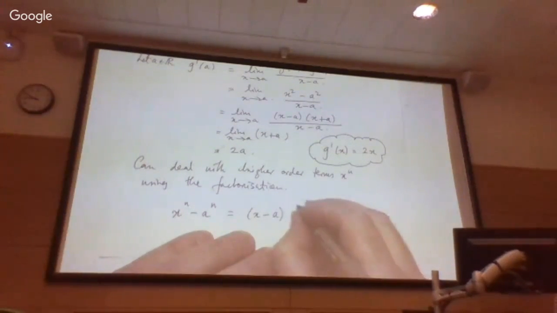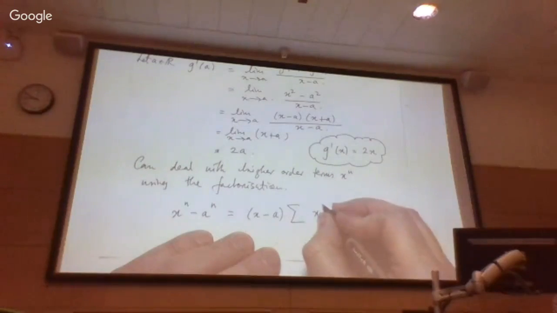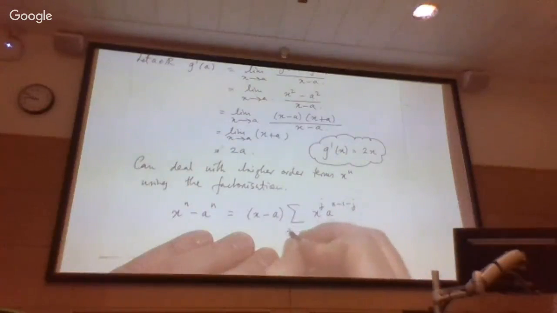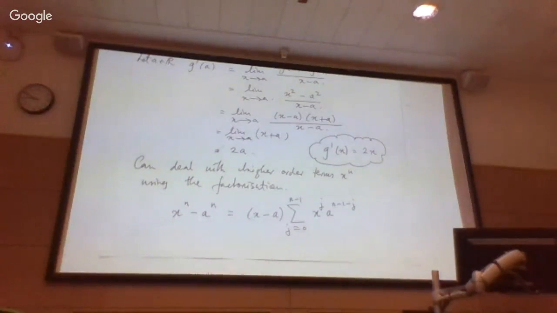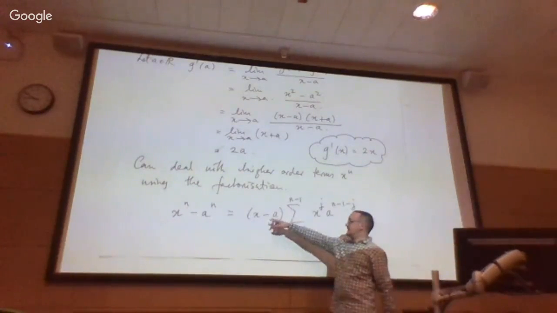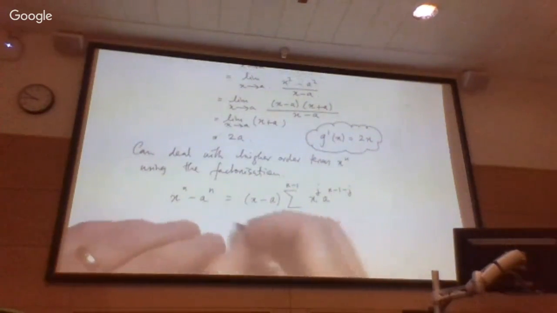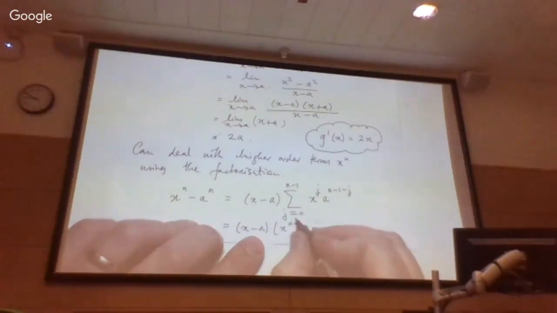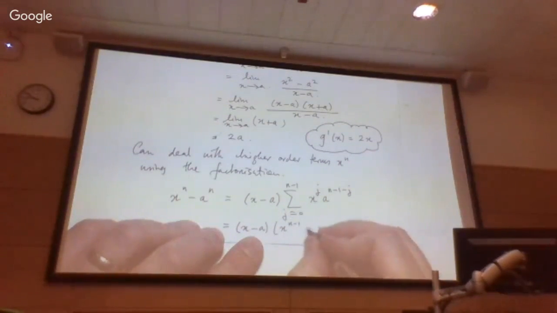And what's left behind, you can write compactly: it's the sum of products x to the j times a to the n minus 1 minus j, where j goes from 0 to n minus 1. So what gets left behind is a polynomial in x and a, mixed order terms. That would look like x to the n minus 1 when j is n minus 1, I'm writing it backwards now actually. When j is n minus 2, you've got x to the n minus 2 times a.